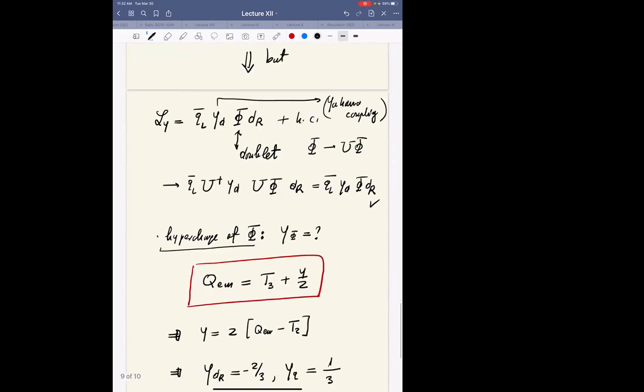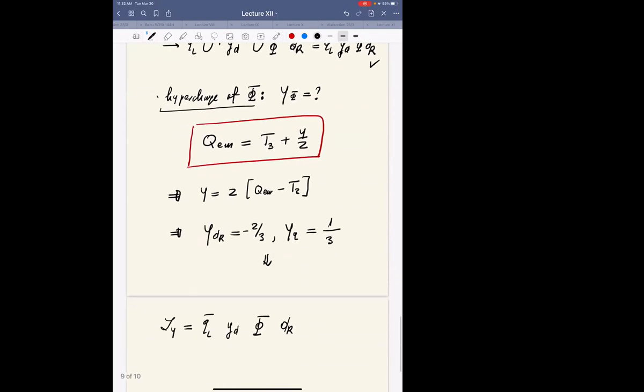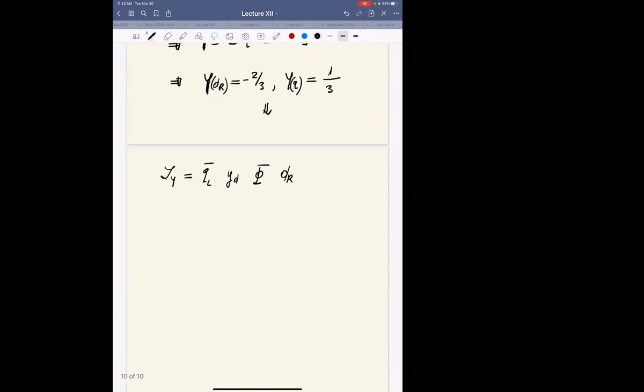Let's make this smaller. Okay, this should help us not to confuse the hypercharge. Hypercharge is a capital letter. So what is the dR?